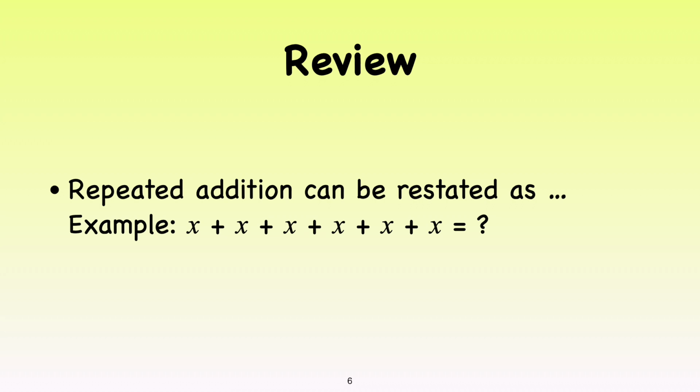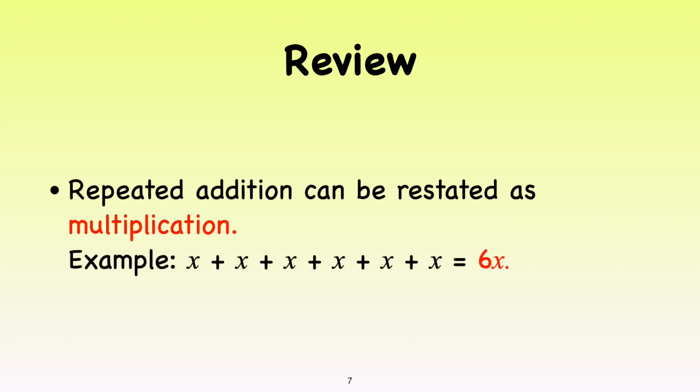Review. Repeated addition can be restated as what? For instance, if I add 1, 2, 3, 4, 5, 6 x's together, then I can restate it as multiplication. We are condensing addition to multiplication.